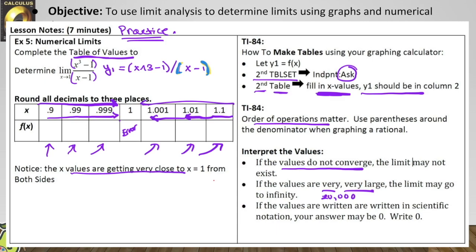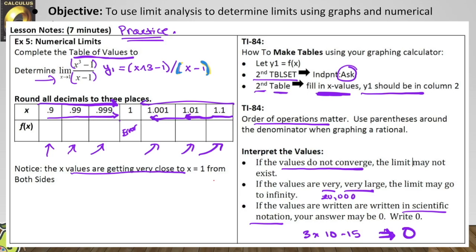If your values are written in scientific notation, so if, for example, you see your calculator says 3 times 10 to the negative 15, interpret that as 0 and write the number 0. Please don't write 0.000000. Just write it as equals 0. All right, so using a calculator, make certain that you have entered the information correctly and then interpreted your information.